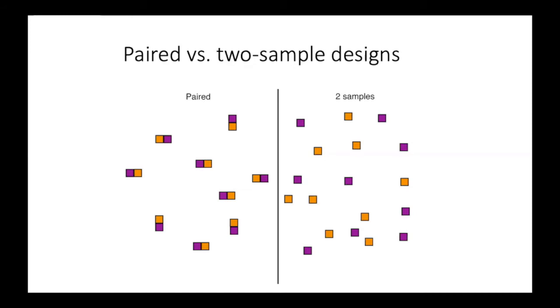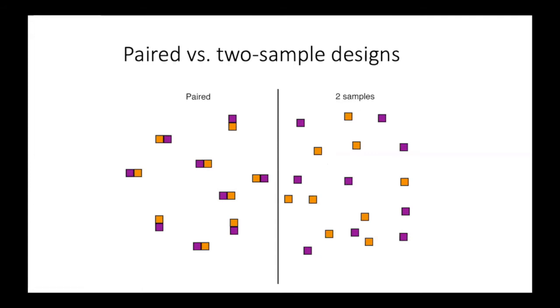There's no particular reason why any one observation in the orange sample should be matched up with any other observation in the purple sample. But in the figure on the left, you can clearly see that observations in each of the samples are matched with a corresponding observation in the other sample.